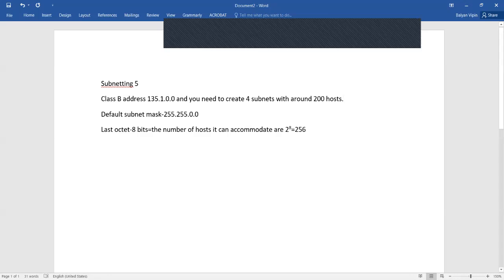8 bits in the last octet represent 2 raised to the power 8 equals 256 hosts, which it can accommodate. So 200 is a number which is less than 256.